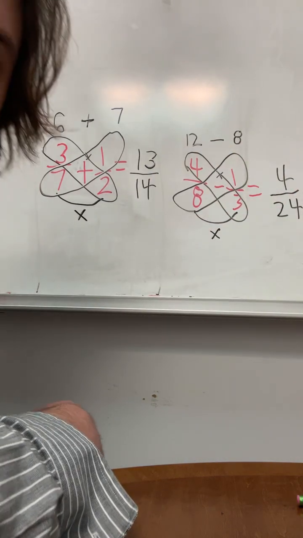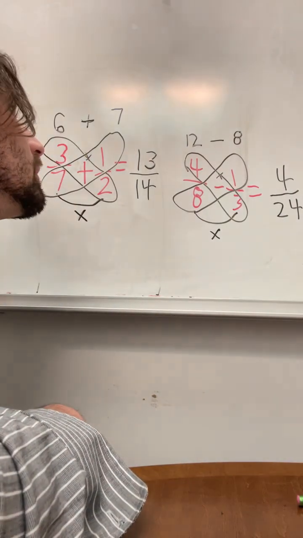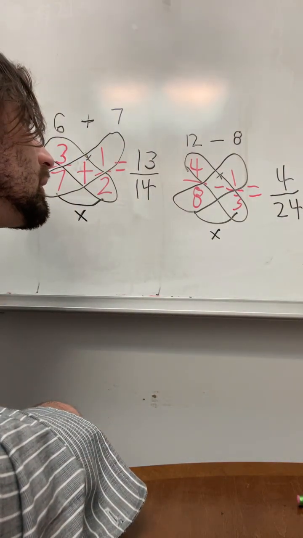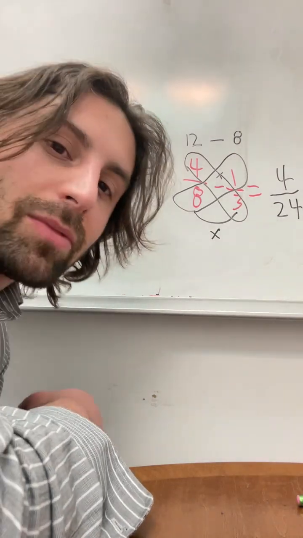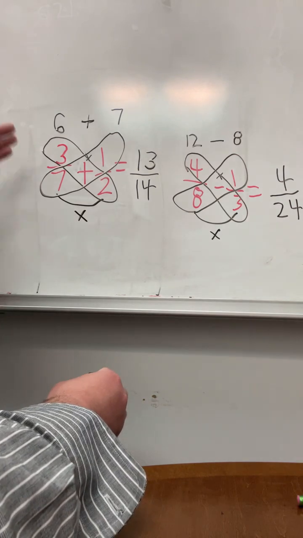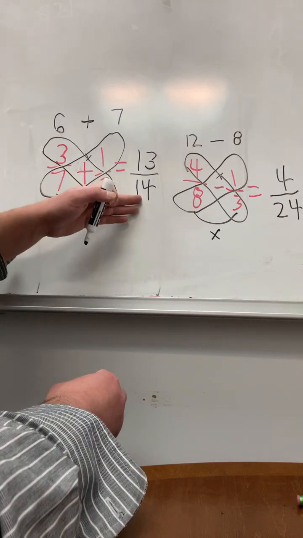And we have our answer. Misspoke, sorry. Add the numbers again. Okay, so 3 sevenths plus 1/2 equals 13 fourteenths.